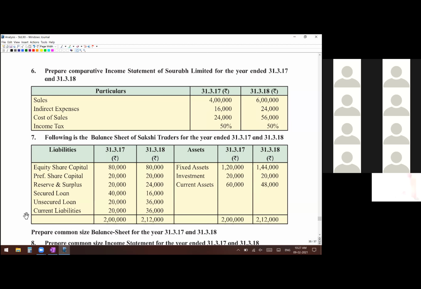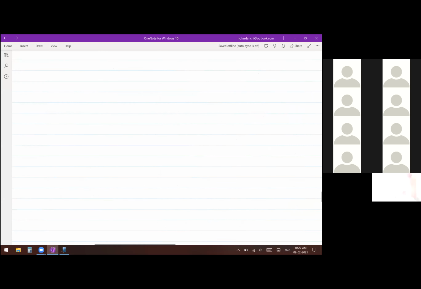So before we start, just to revise how the profit and loss account was prepared in the vertical format, you have all your incomes on top. Sales is the main income. From that, all your trading debit is going to be minus, and that is known as cost of goods sold. So minus cost of goods sold and you get gross profit.